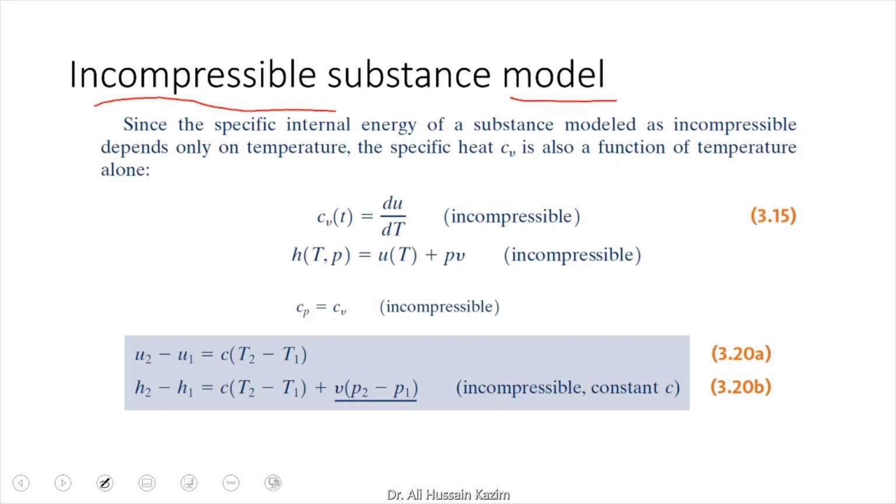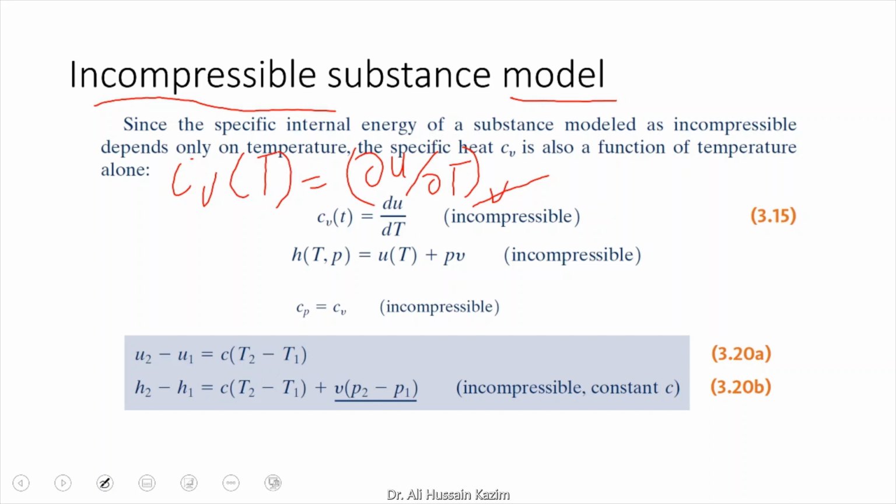A few slides before we found that Cv equals du over dT keeping volume constant. In an incompressible substance, the volume is automatically constant. So that equation simplifies to Cv equals du over dT, and v is automatically a constant.